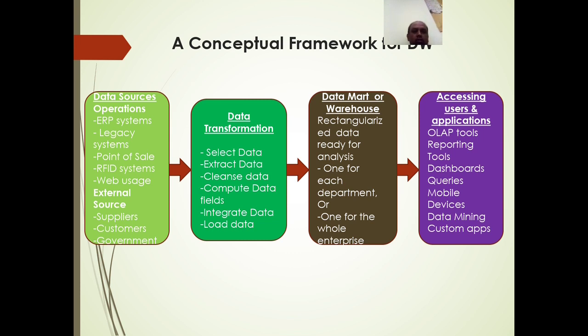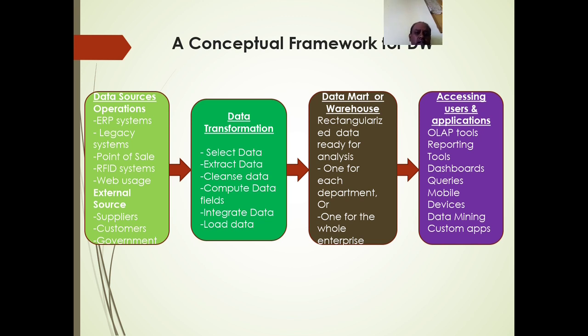So this is a conceptual framework for a data warehouse. Data sources are from the operations, for example ERP systems, legacy systems, point of sale, RFID systems, web usage, and external sources. Then data transformation: select data, extract data, cleanse the data, compute data fields.